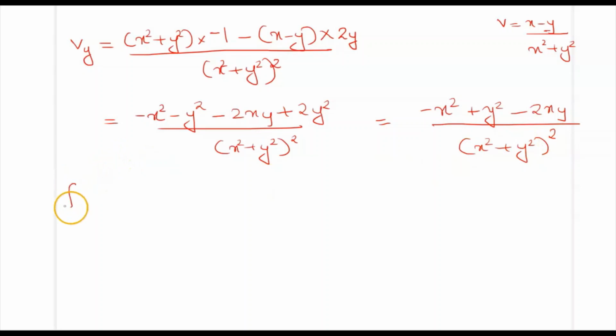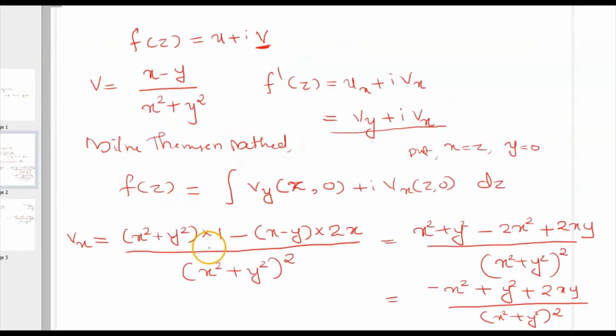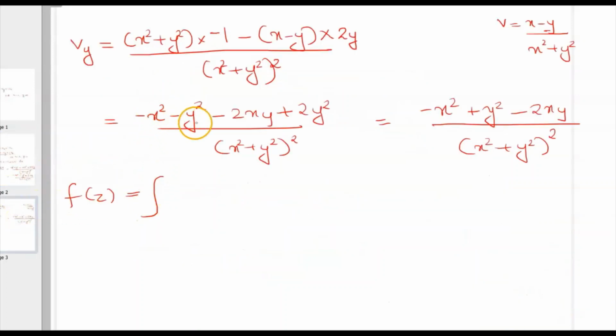So f of z is equal to the integral of vy of (z, 0). So vy is here. Put x is equal to z and y is equal to 0.